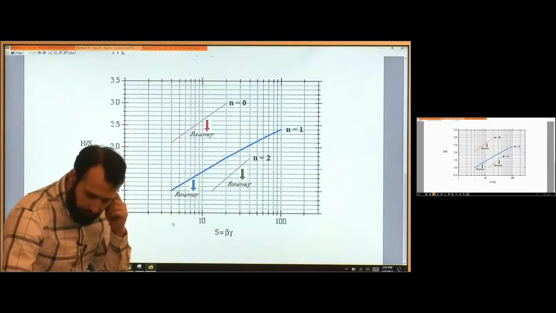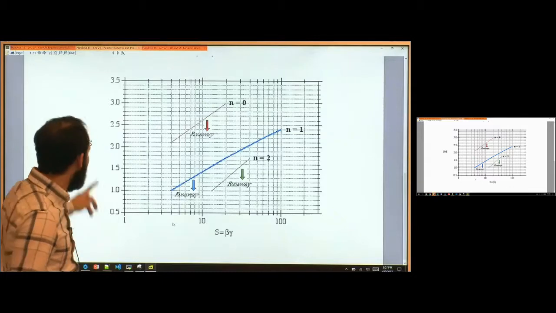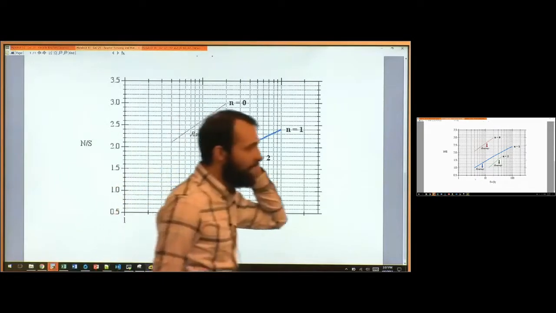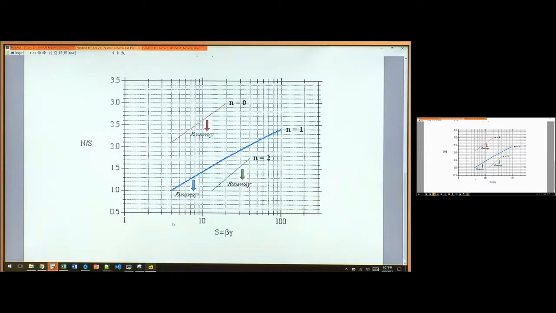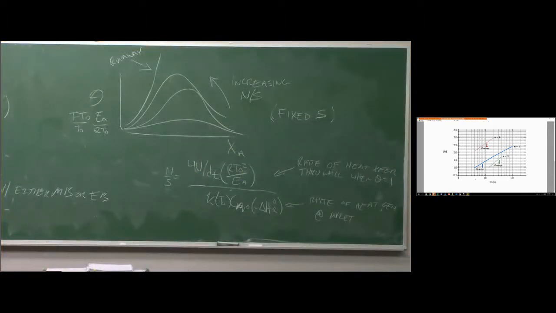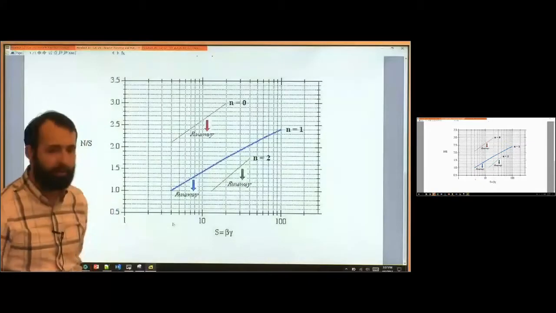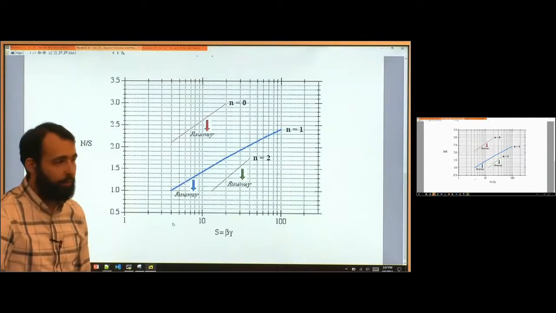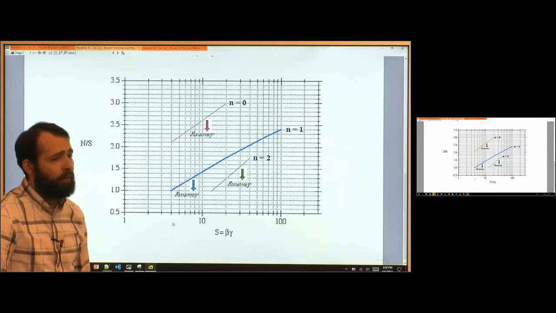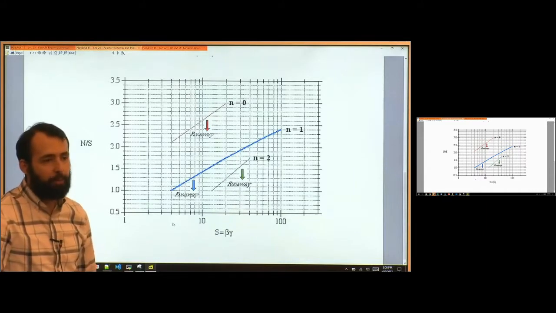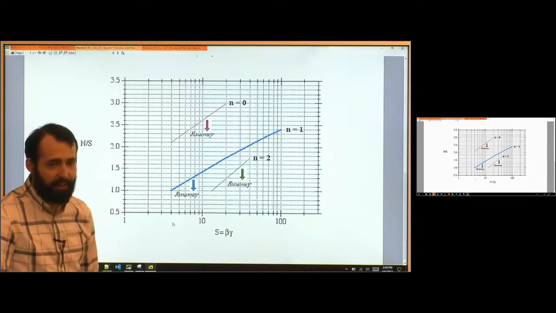So what is it saying? Remember that N over S is the rate of heat transfer versus the rate of heat generation. So am I more likely to have a runaway at high or low values of N over S? Are runaway reactions more likely if I have fast heat transfer through the wall compared to heat generation, or the opposite?